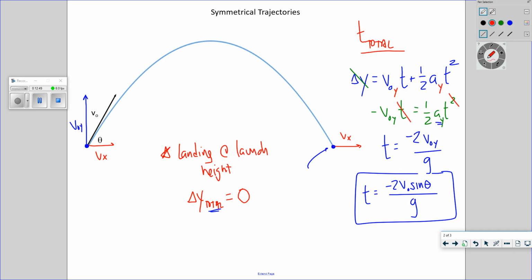Right? This is the time to the top. Time to the bottom is the same as that. So this thing spends a certain amount of time going up. It spends the same amount of time going down, which tells us a couple of things that are real important.